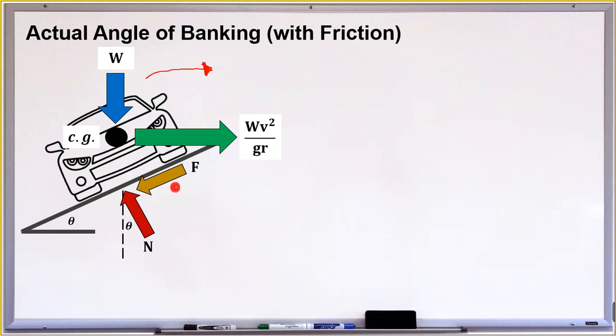So the direction of the friction is, since friction resists movement, opposite to the direction we assumed for the vehicle if it skids. So the force is towards the lower part of our inclined road. That is the frictional force represented by letter F.